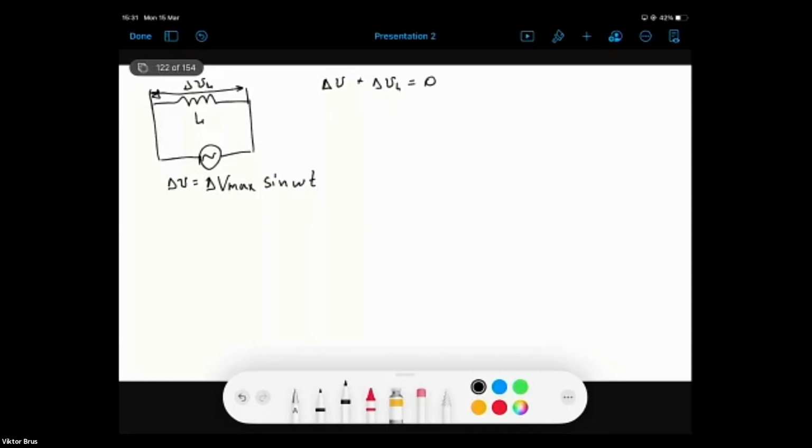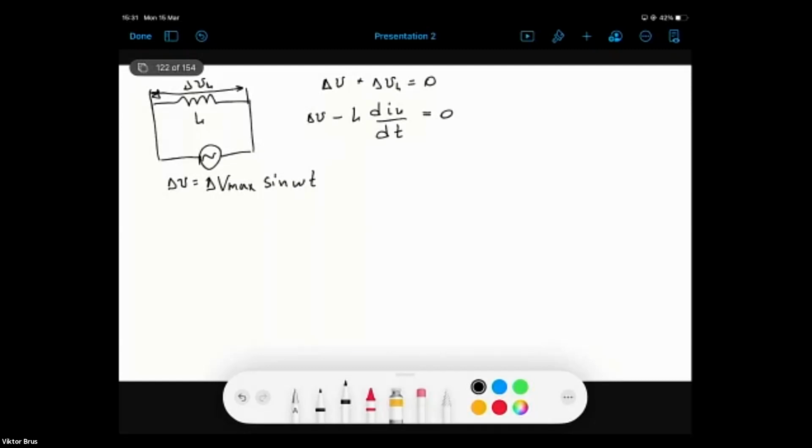is equal to 0. So now instead of delta VL, we write minus L times dIL over dt. And this is equal to 0.